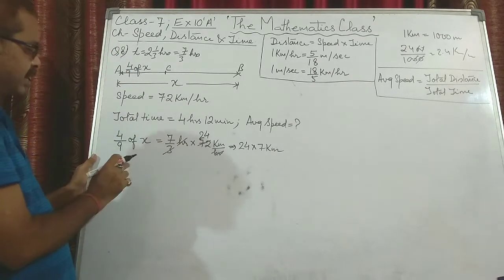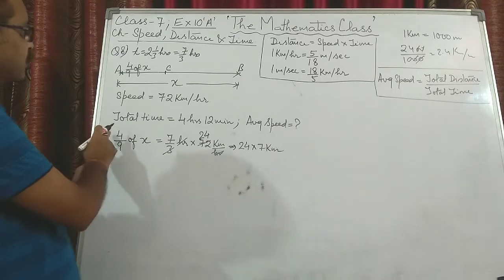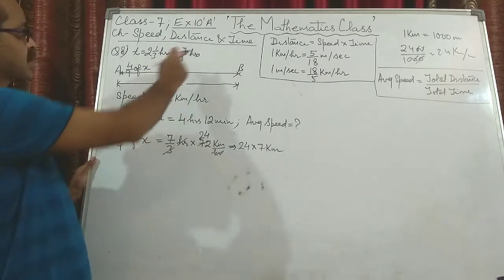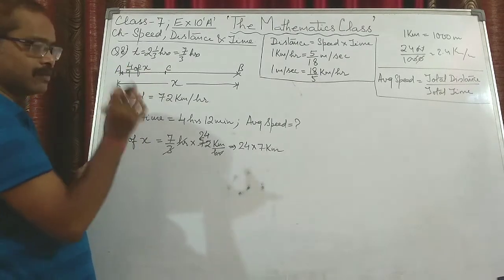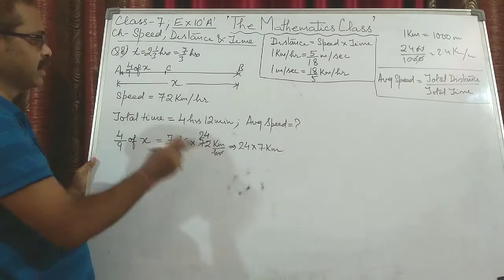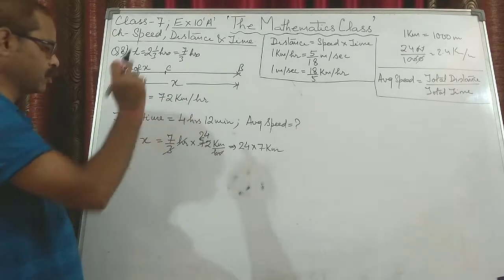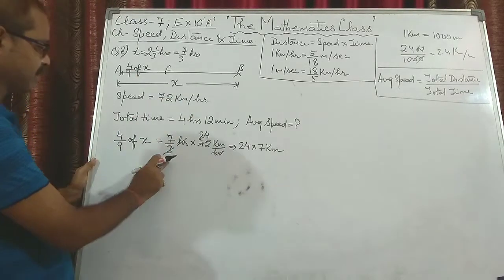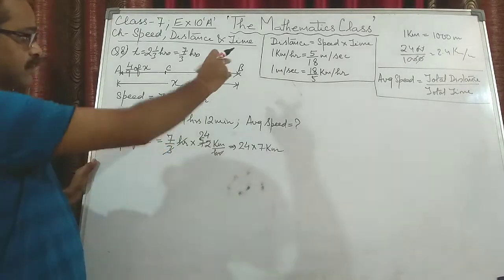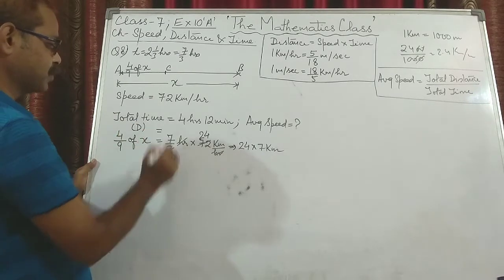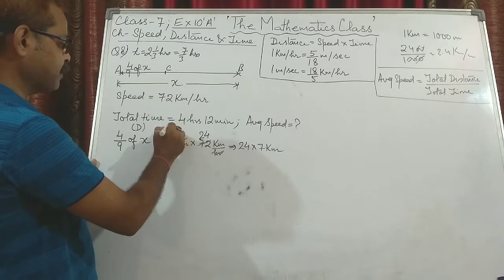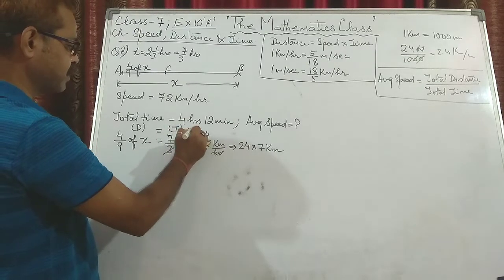So they say that Tina takes 7 upon 3 hours to travel 4 upon 9th of the total distance if she is traveling at a speed of 72 km per hour. This is what we have done. We have taken the same formula, distance is equal to time into speed.